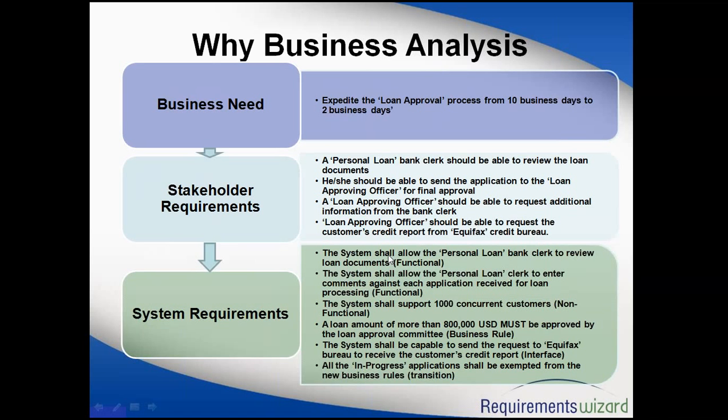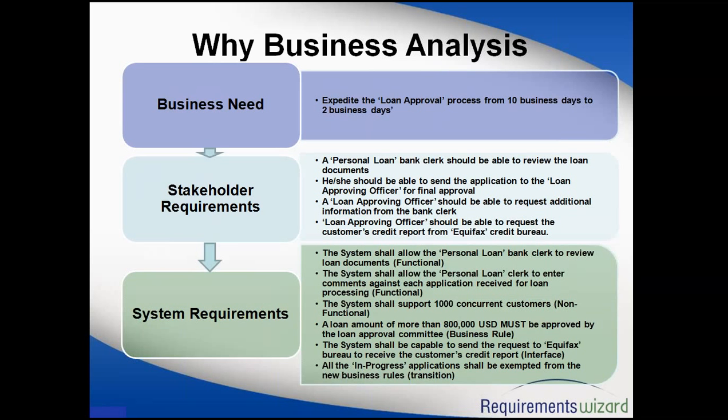But now when you are talking at a system level, you need to change your perspective. The second requirement can be: the system shall allow the personal loan bank clerk to enter the comments against each application received for loan processing. Now you may see that when this person is reviewing, the scenario is he or she has to review it and send it to the next level, to the loan approving officer.